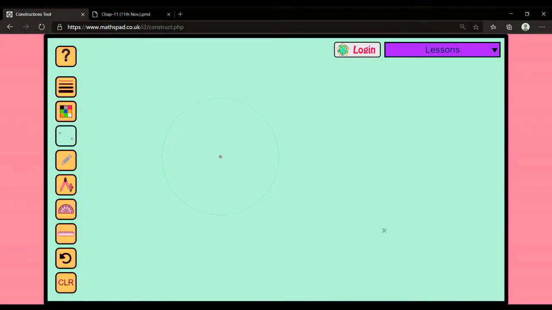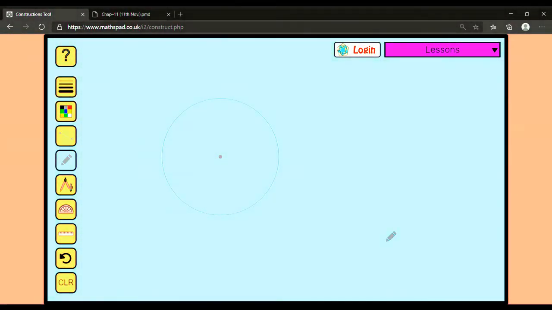And let's name the center as O. This is the original circle that we have.